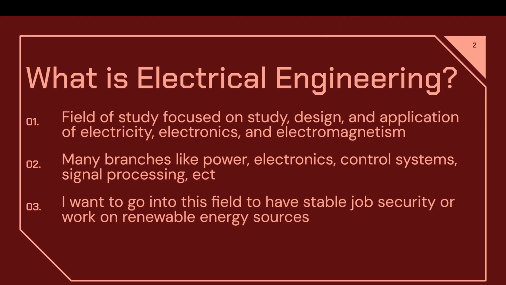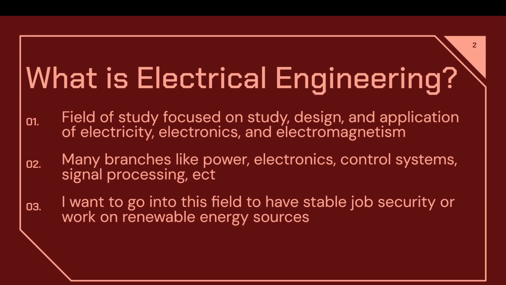Electrical engineering has many branches. Some of the main ones include power systems, which focuses on generating, transmitting, and distributing electricity; electronics, which deals with circuits and devices that use electricity to process information; control systems, which make sure machines and processes behave as intended; and signal processing, which is used in everything from smartphones to medical imaging.